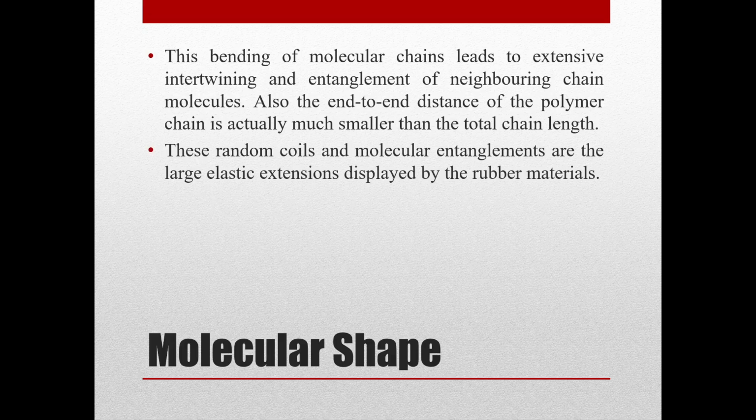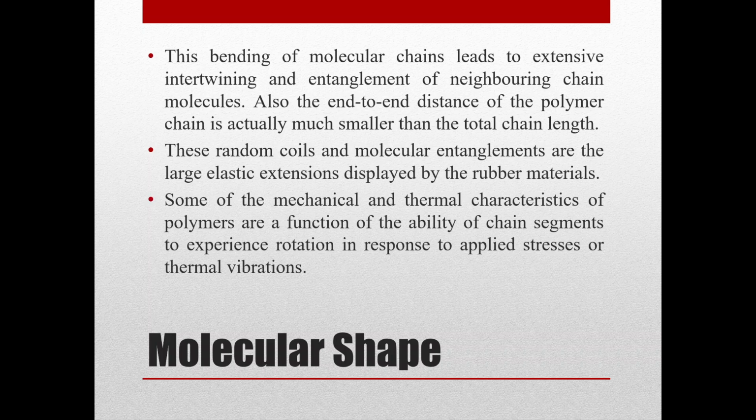These random coils and molecular entanglements are the large elastic extensions displayed by rubber materials. Mostly in rubber materials, one will find huge molecular chains that are entangled into random coils. Some of the mechanical and thermal characteristics of polymers are a function of the ability of these chain segments to experience rotation in response to applied stresses or thermal vibrations.